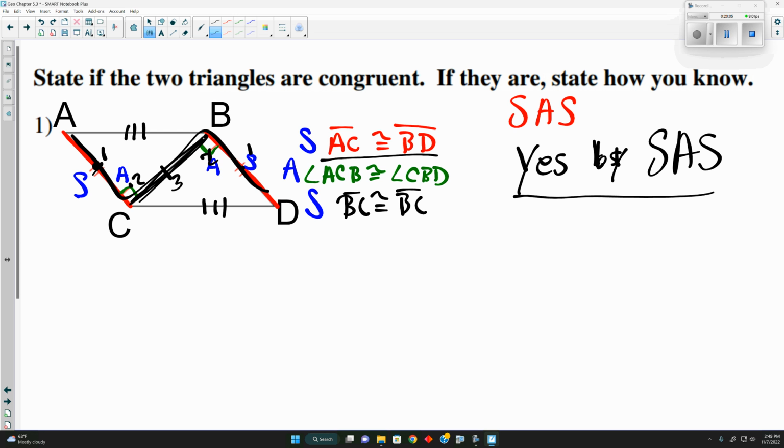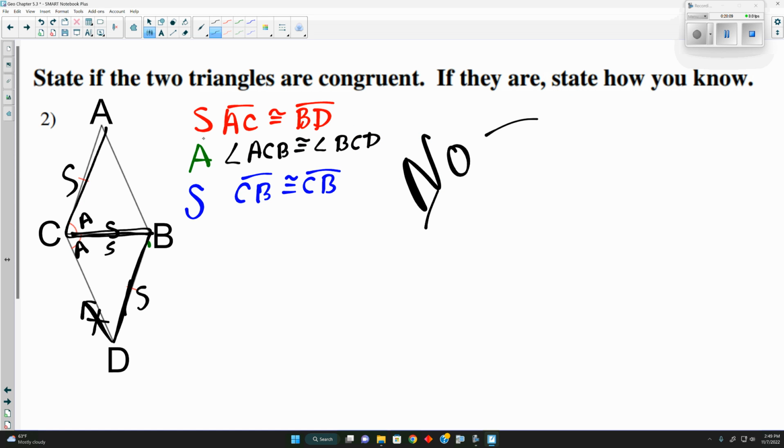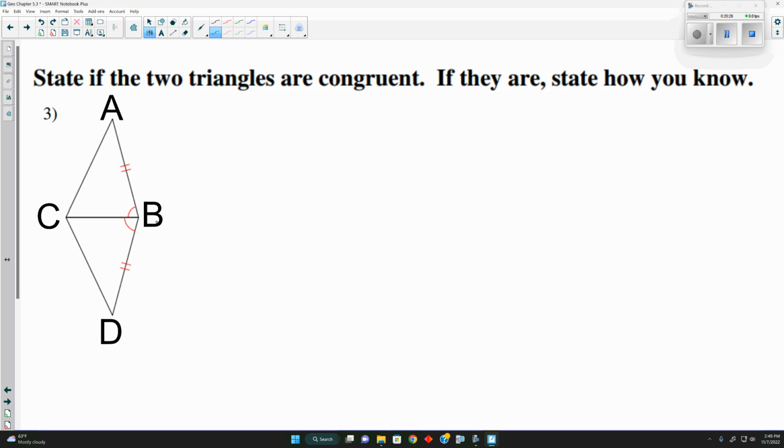They matched up, so they're congruent. Here, they don't. They don't have side, angle, side. The bottom one is side-side-angle. Questions on this here? Let's look at the next one.